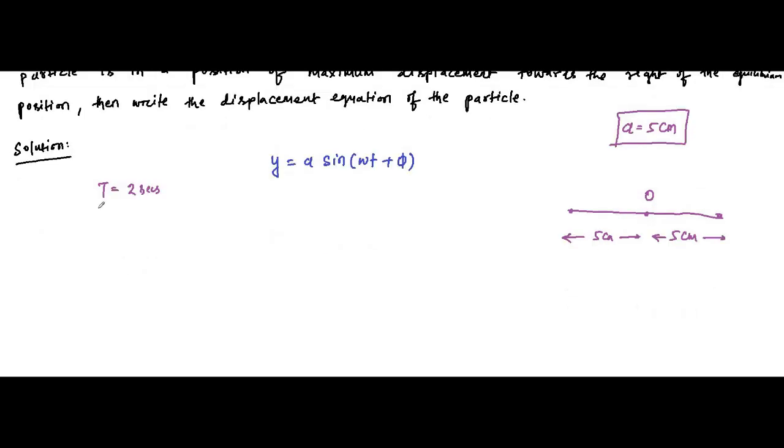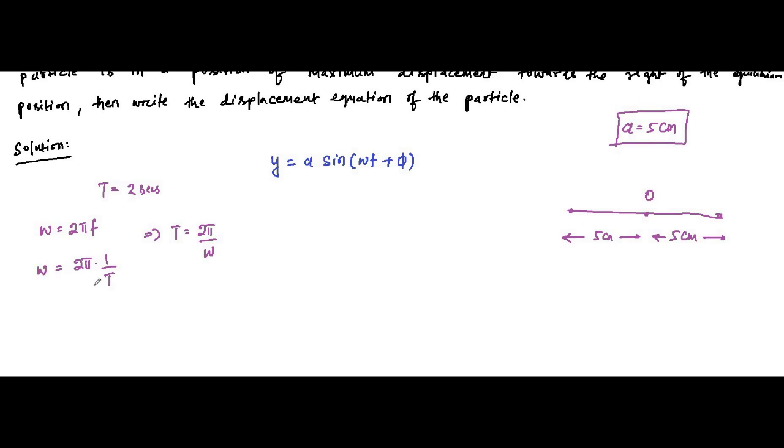So we know that angular frequency omega is equal to 2 pi f, where f is the frequency in hertz or second inverse, or we can write it as 2 pi times 1 by T, because frequency is the reciprocal of time period. That implies T is equal to 2 pi by omega.